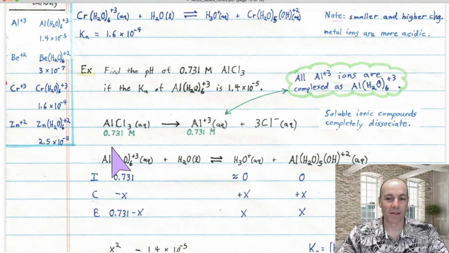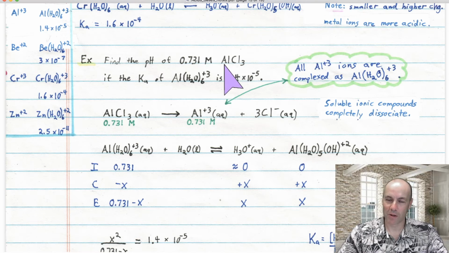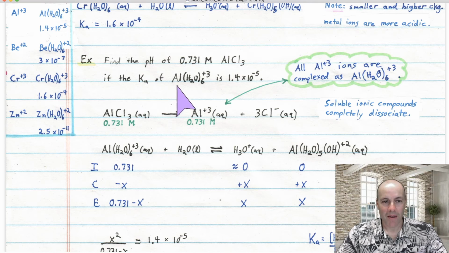Suppose you're asked to find the pH of 0.731 molarity aluminum chloride. So this is aluminum chloride, and there are 3 chlorides, therefore the aluminum is a +3. And it tells you the Ka of the aluminum chloride hexahydrate complex is 1.4 times 10 to the minus 5.